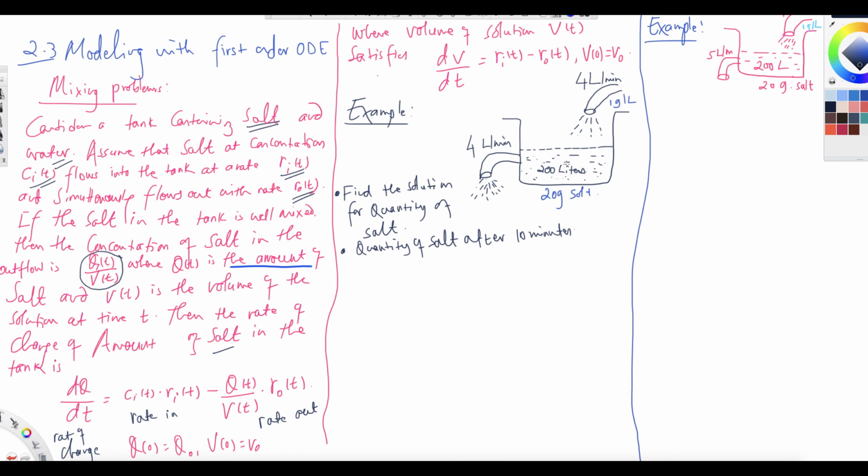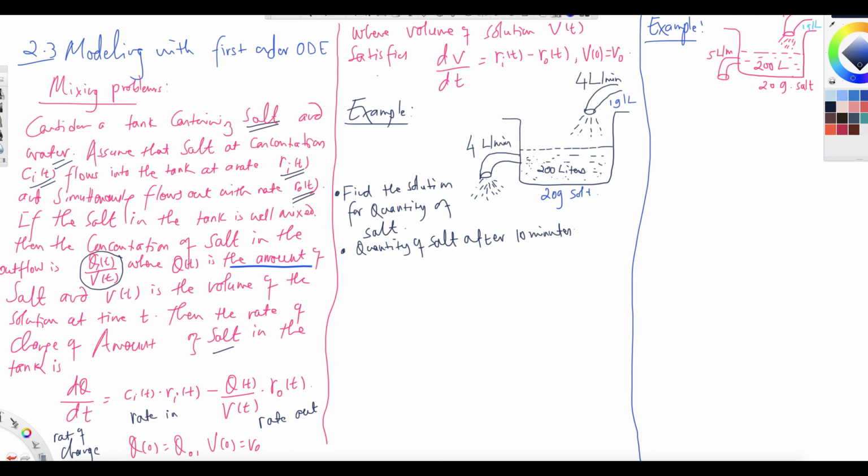From a pipe, the solution of water and salt is coming in at the rate of 4 liters per minute, where the concentration of the salt in the inflow is 1 gram per liter. And from the outgoing pipe, 4 liters per minute is going out. The inflow rate and the outflow rate are exactly the same.